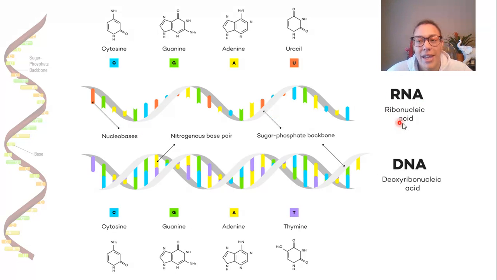RNA is ribonucleic acid, so its sugar is ribose, and DNA is deoxyribonucleic acid, so its sugar is deoxyribose. Very similar, but just a slight difference. And then we can see that the differences between the bases are going to be uracil and thymine. Again, very similar in structure and shape, which makes sense why they could kind of replace each other. But there are slight differences in chemical composition.